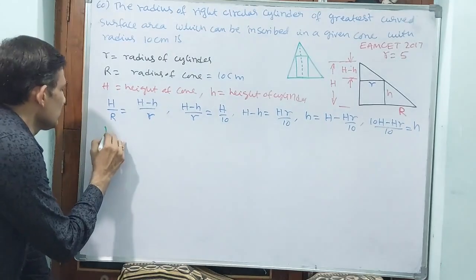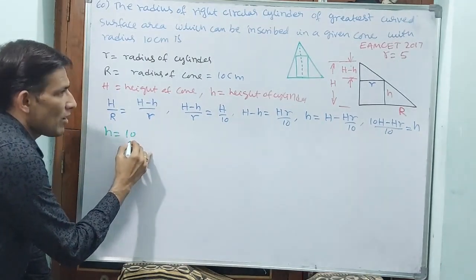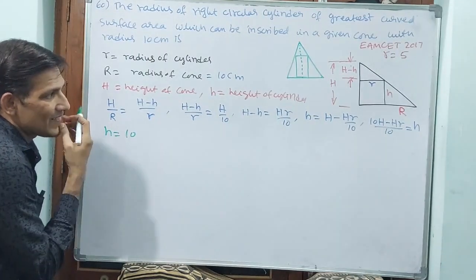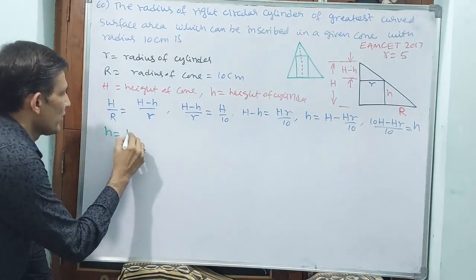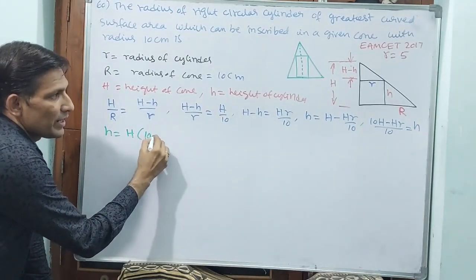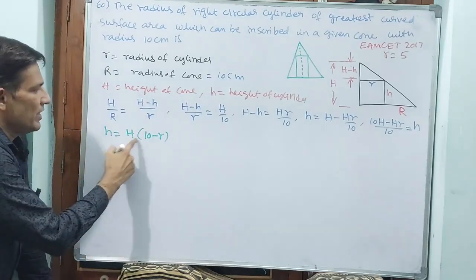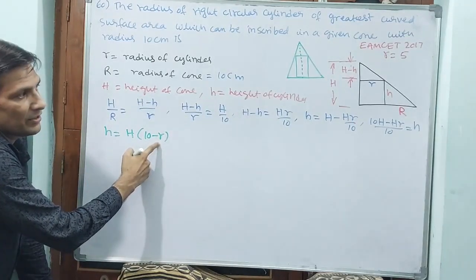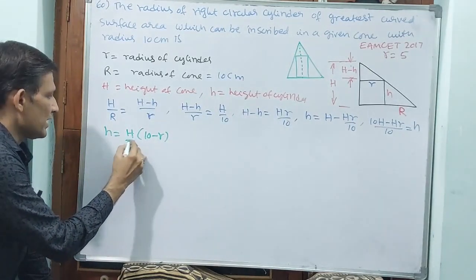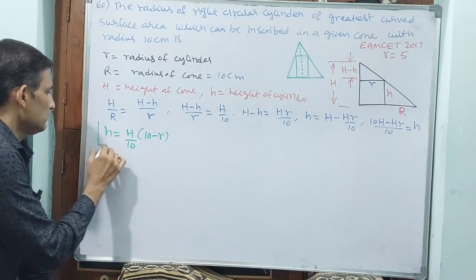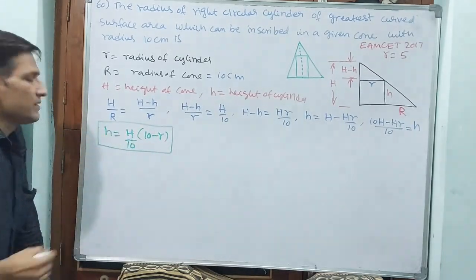So h is equal to, if I take H common, H into 10 minus R, divided by 10. This we box it.